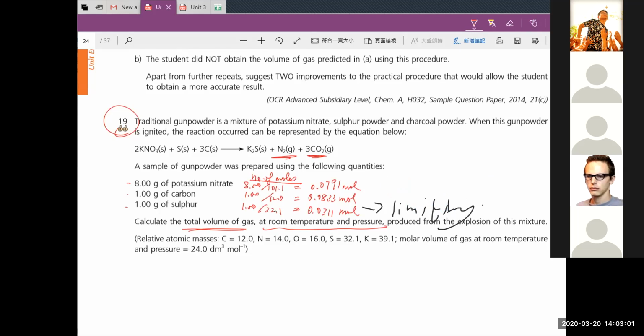Carbon is limiting. If carbon is the limiting reagent, that means 0.0833 mole, this one. Okay, so what is the next step? You use this to project the number of moles of N2 and CO2 respectively. Agree? The carbon is limiting.